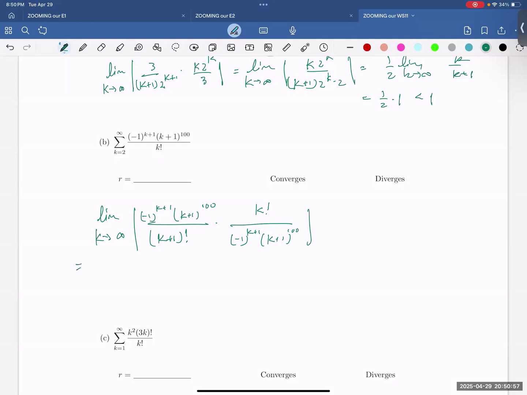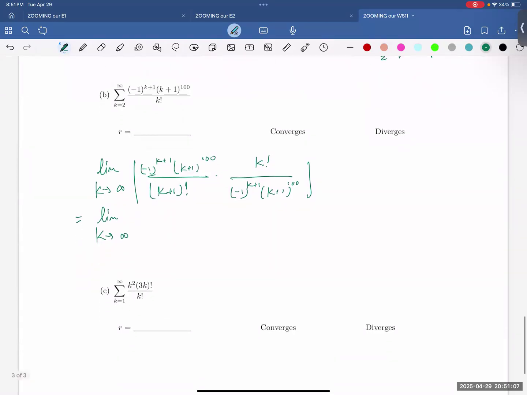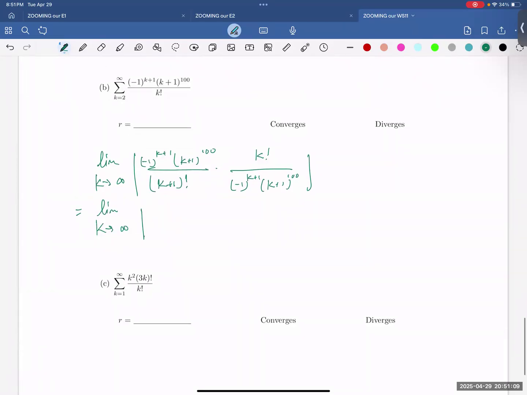Okie doke. All of your negative things go away because they're reduced to positive ones with the bars, and everything's positive at this point. So we don't need the bars anymore. Here's our fraction. The k factorial and k plus 1 factorial leaves us with a k plus 1 in the denominator.